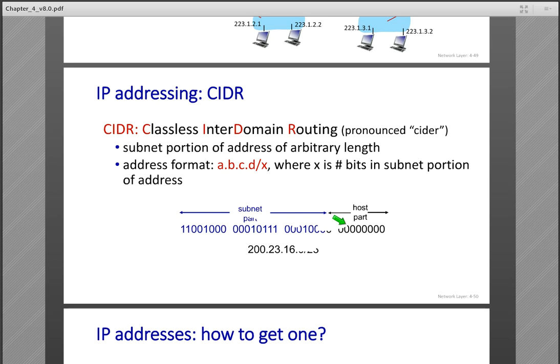I have 9 bits in the host ID part, and with 9 bits, I can represent 512 different patterns, that is, different IP addresses.